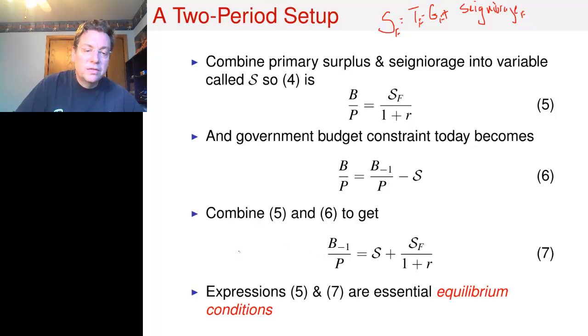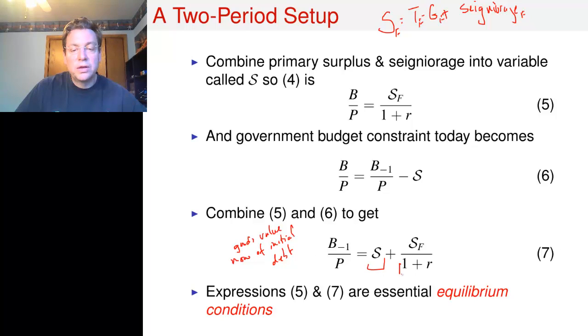Well, on the left-hand side, we get the goods value now of initial debt. And that's equal to whatever the grand surplus is today plus the present value of the grand surplus in the future. So equations 5 and 7 we're going to be using quite a bit.